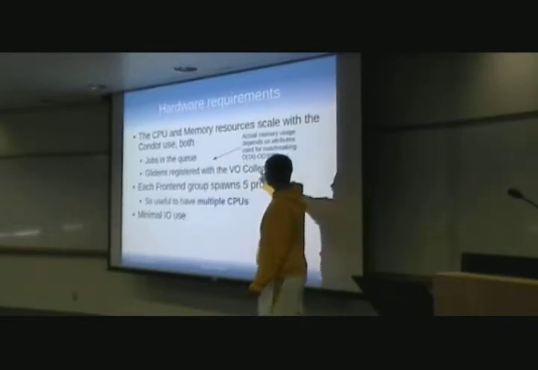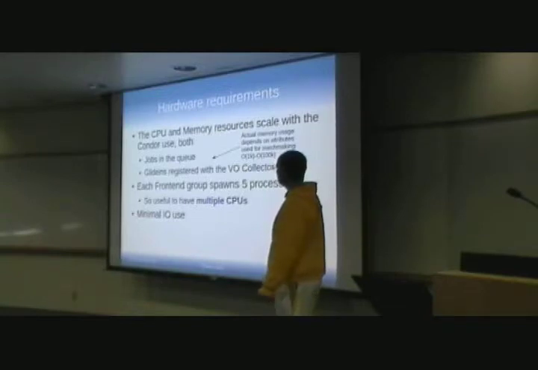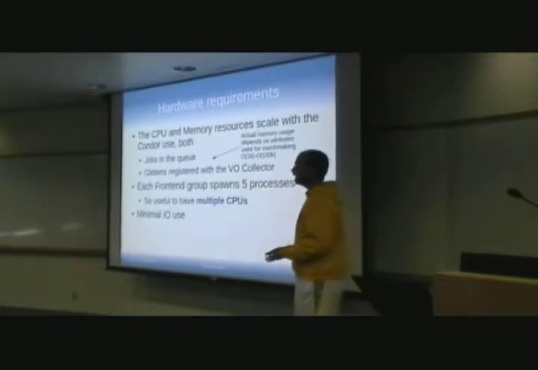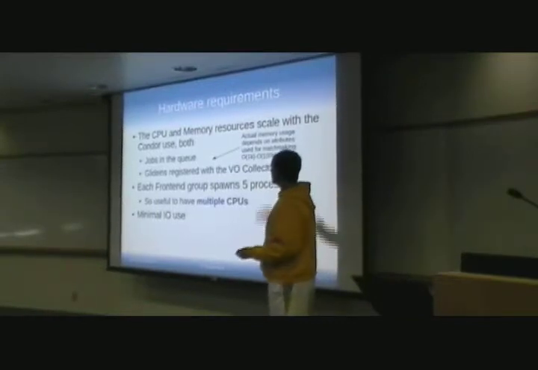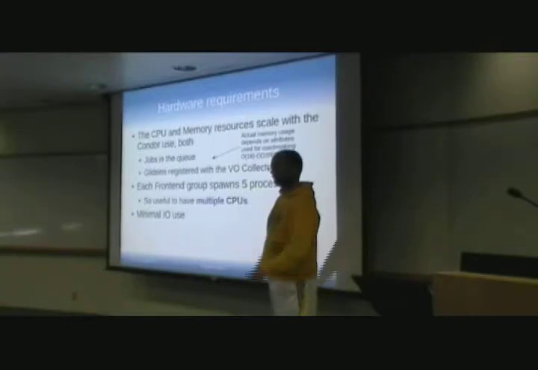And it will also scale with the number of glideins you have registered with the collector. And again, it depends what attributes you use there for matchmaking. Essentially, the memory scales with the amount of attributes it has to keep in memory when it does the matchmaking.